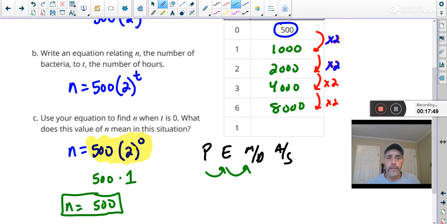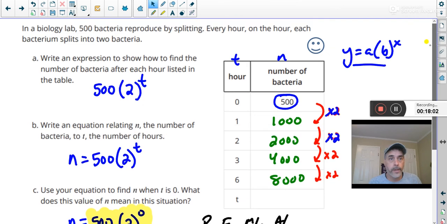Use your equation to find n when t is 0. What does this value of n mean in this situation? In a biology laboratory, 500 bacteria reproduce by splitting every hour on the hour. Each bacterium splits into 2 bacteria. So this was the starting amount of bacteria.